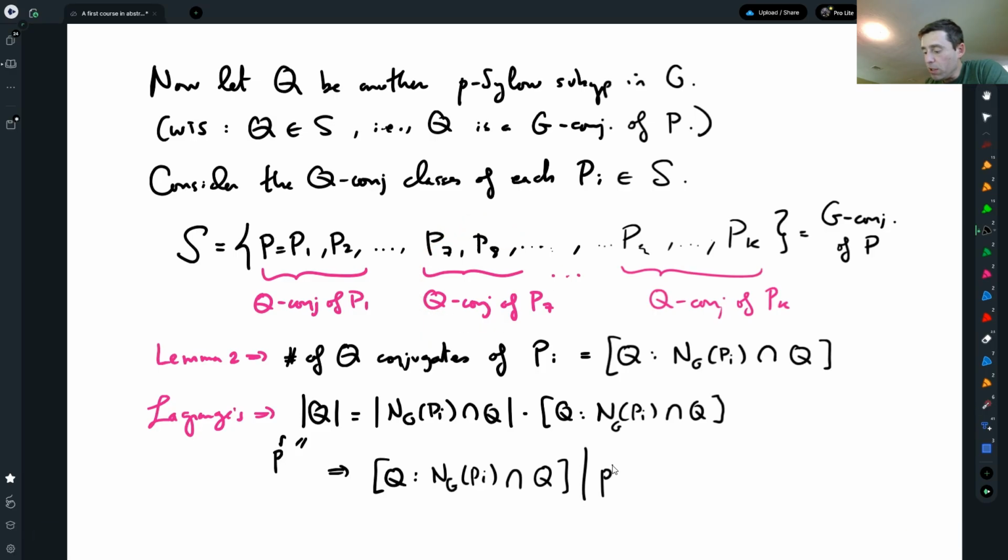So it divides p to the r, and that implies that the count of how many are there in each class has to be a power of p. Now, the number 1 is a power of p, so it's 1 or a true power of p. Let's see what that implies.